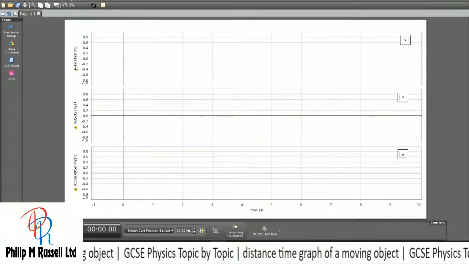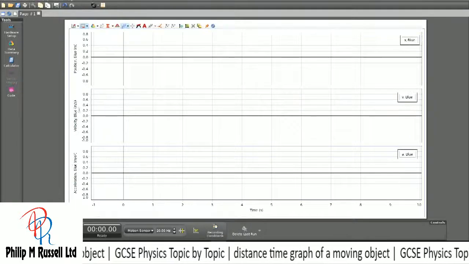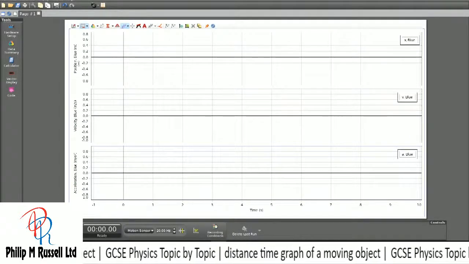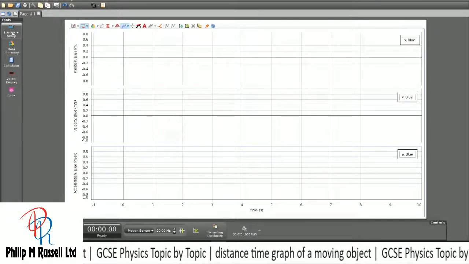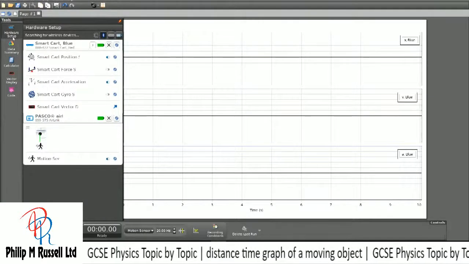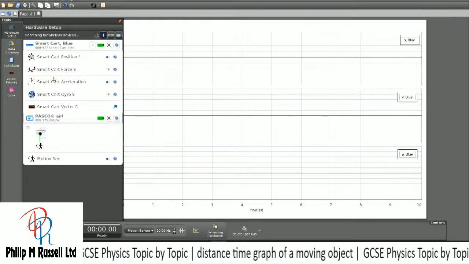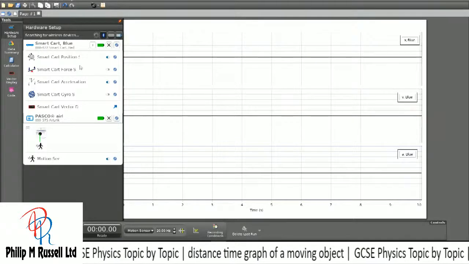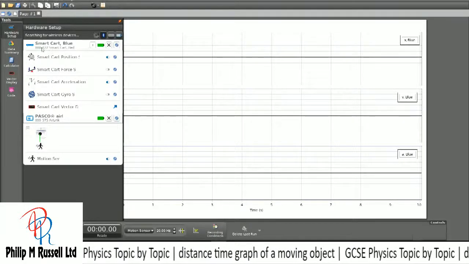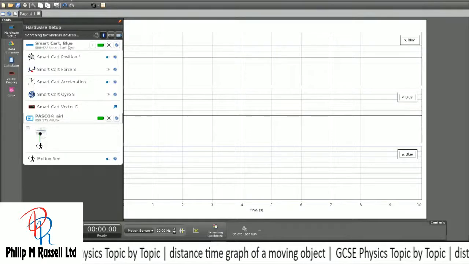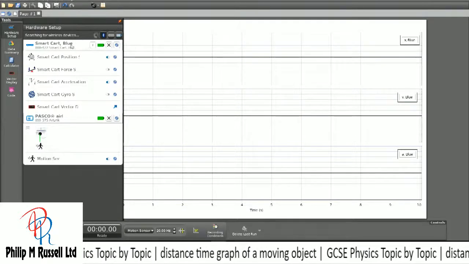So here I've got my position, and I'm just going to make sure I'm using the right thing. And that is my red cart, even though it tells me it's blue.